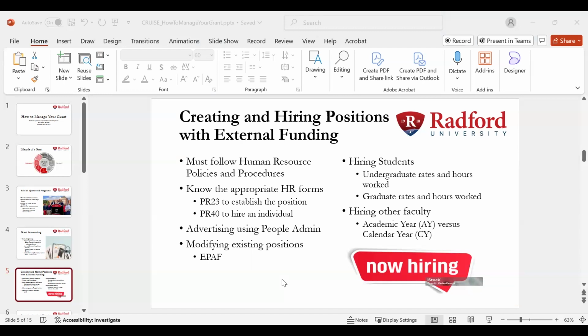Through the HR process, through hiring students, even though they are students and that's their primary existence here on campus, it's essentially a job. So there are expectations that the students are going to work these sets of hours, and they're going to perform these tasks for you for these particular duties on the grant.